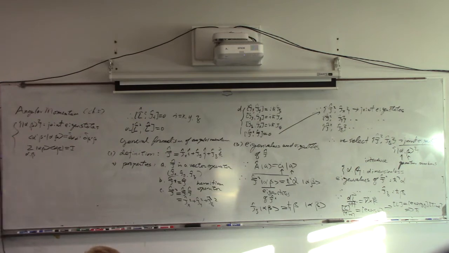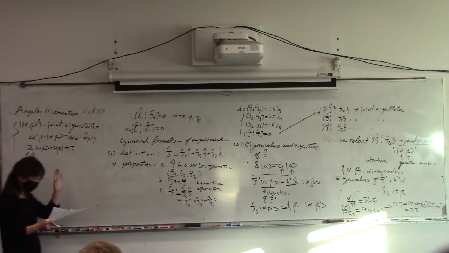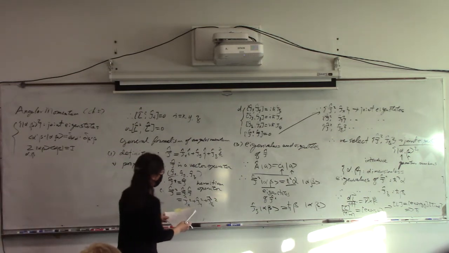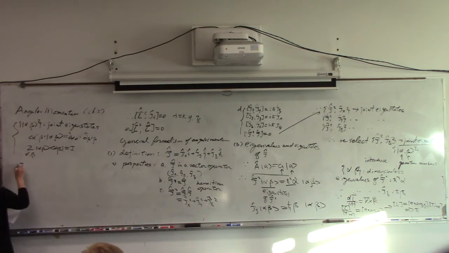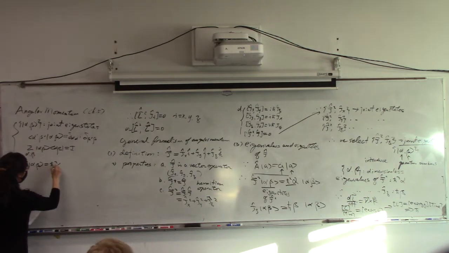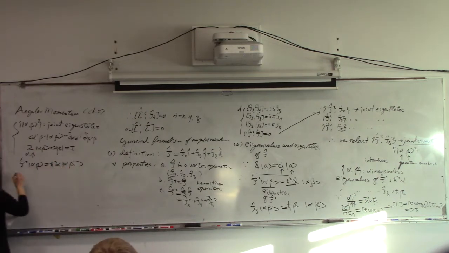That is the behavior of these joint eigenstates. We are going to use those properties because we assume they are eigenstates. Now let's summarize, and also J squared, J_z.